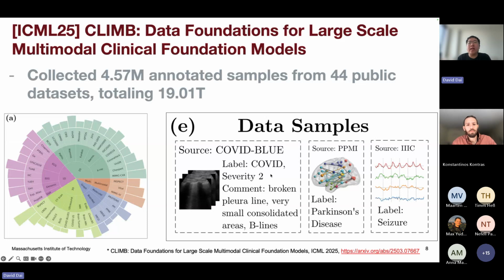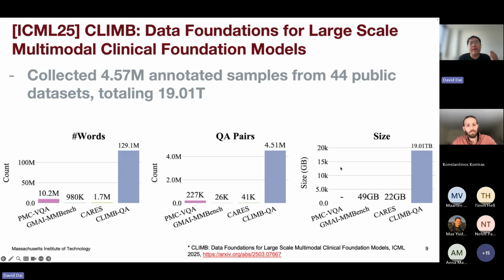CLIMB is mainly a clinical diagnosis dataset, and you can see from the input plot that the inputs span from ultrasound videos to graphs representing brain MRIs, as well as time series data representing EEG and ECGs. Although for this work we are only using ECG, we don't have an EEG encoder for this.